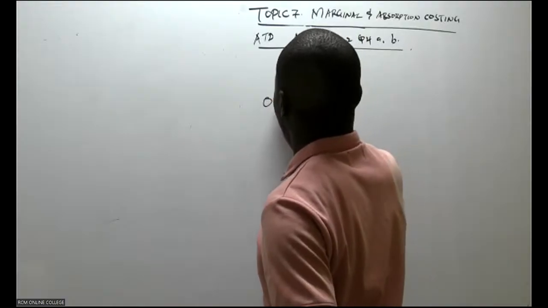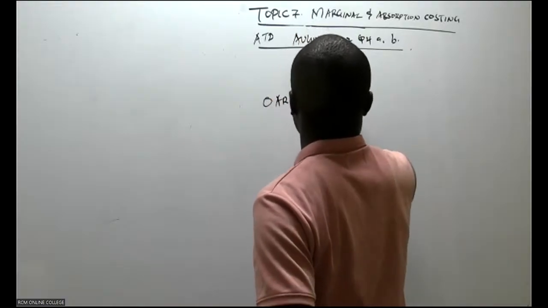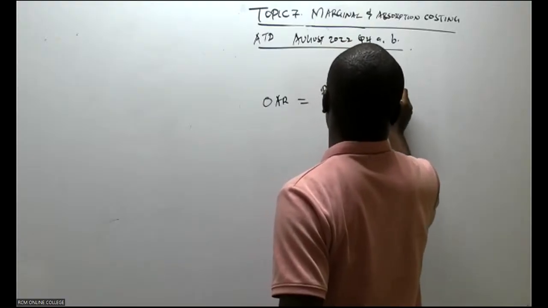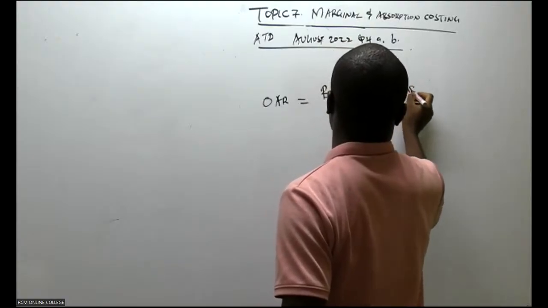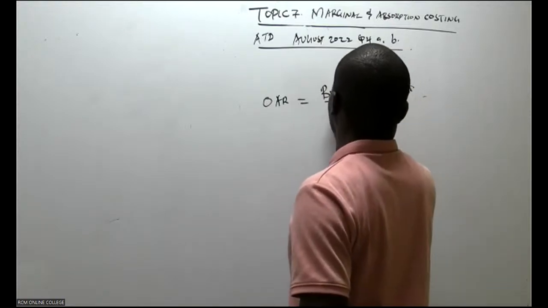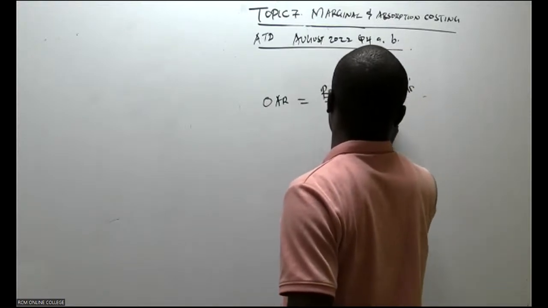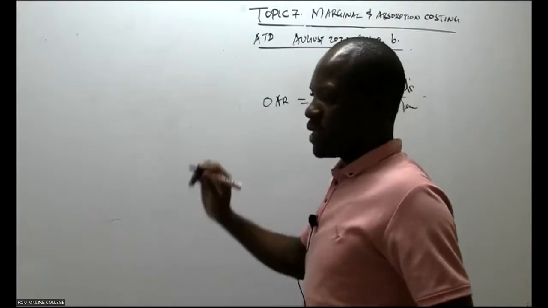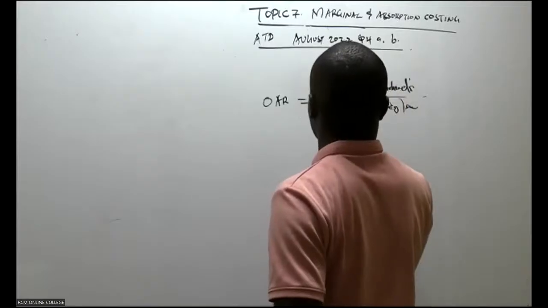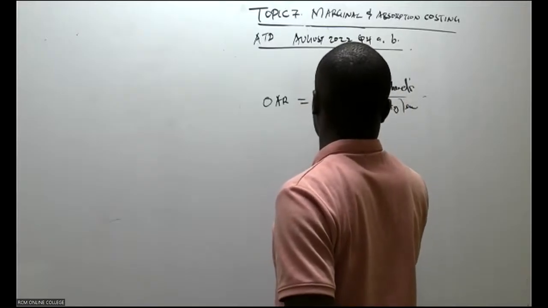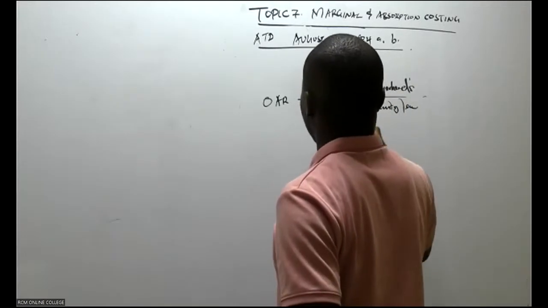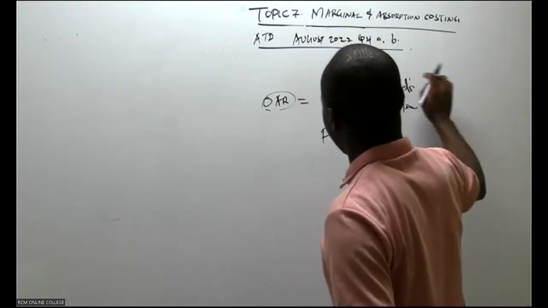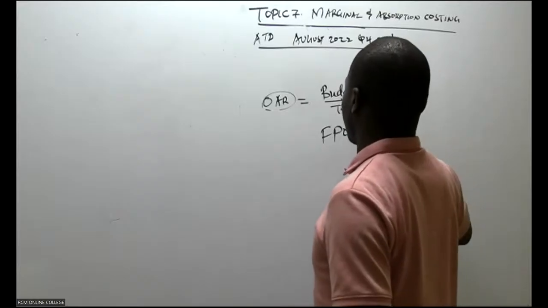Overhead absorption rate, we say, is equivalent to budgeted overheads, taking us back to just the concluded topic, over total activity level. For this particular question, our budgeted overheads is the fixed production overheads. For you to get this, you take the budgeted overheads, divide by total activity level.